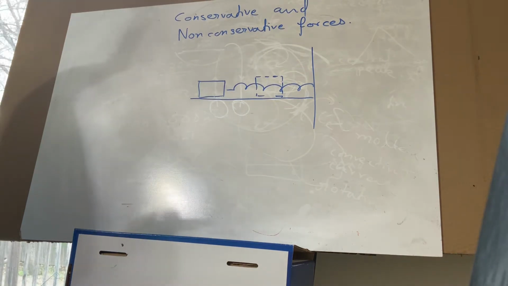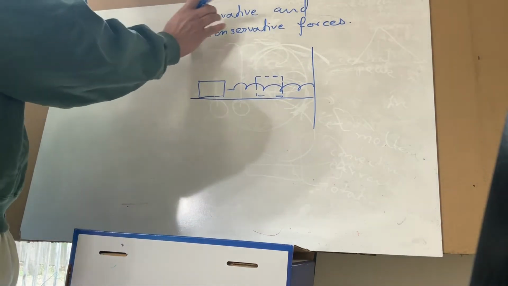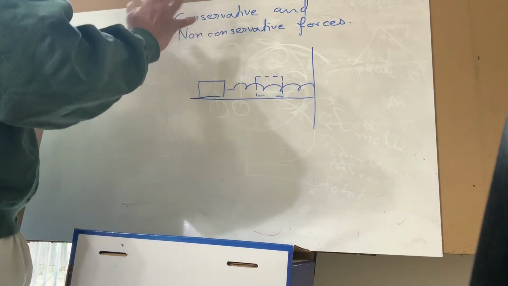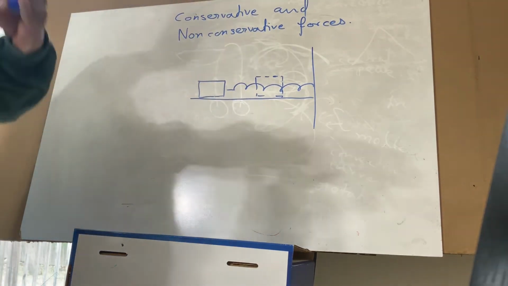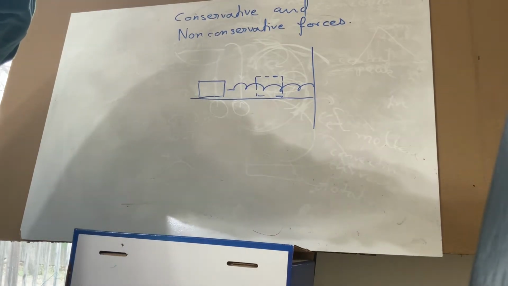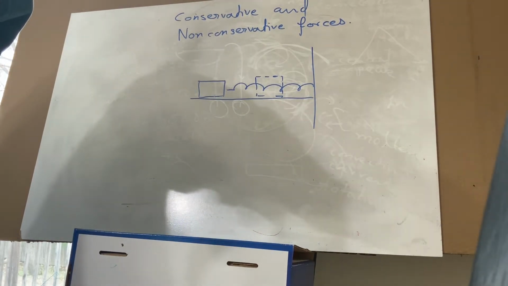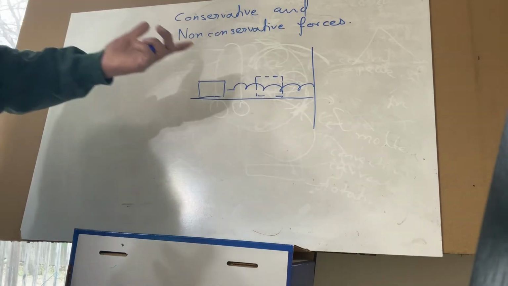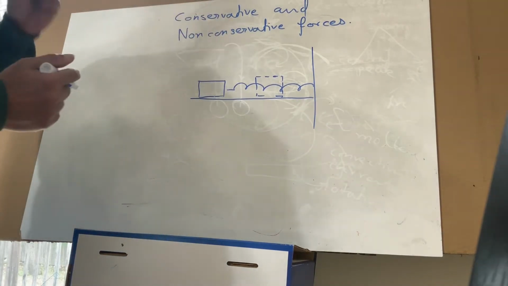So what we find in conservative forces is that energy is not lost. It is just converted from kinetic energy to potential energy and then back. So that's the thing about conservative forces.